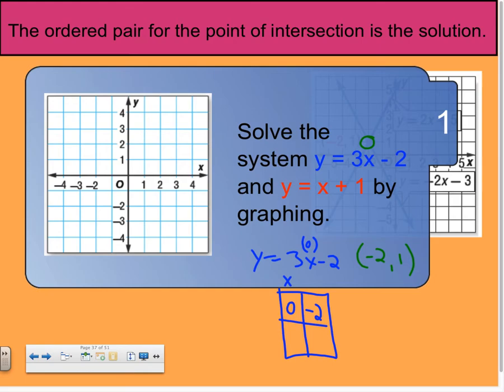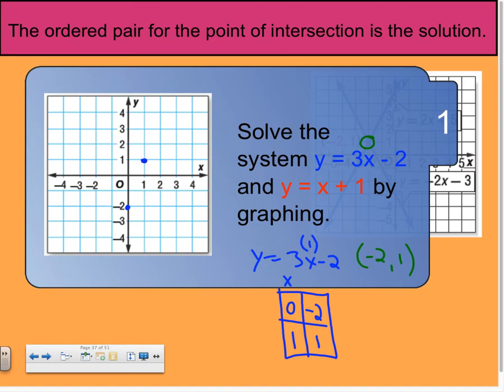Now, if I did the same thing for the point 1, if I put 1 into the equation, it would be 3 times 1, which is 3. Subtract 2 from 3 and you get 1. So now I have two coordinate pairs that I can graph that will show me what this equation is. I have the point 0, -2, which would be right here, and I have the point 1, 1, which would be right here.